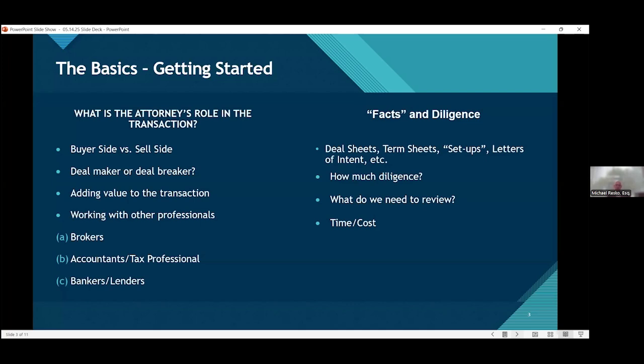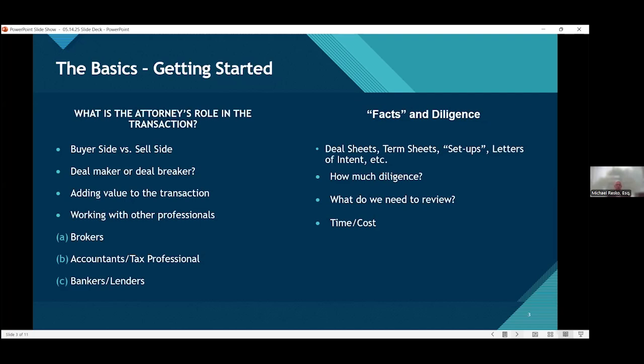Same thing with a real estate transaction: whatever information you get from a broker, even a trusted person that you've worked with before, I don't want to say should be taken with a grain of salt because it's not that strong, but all that information needs to be confirmed and verified.